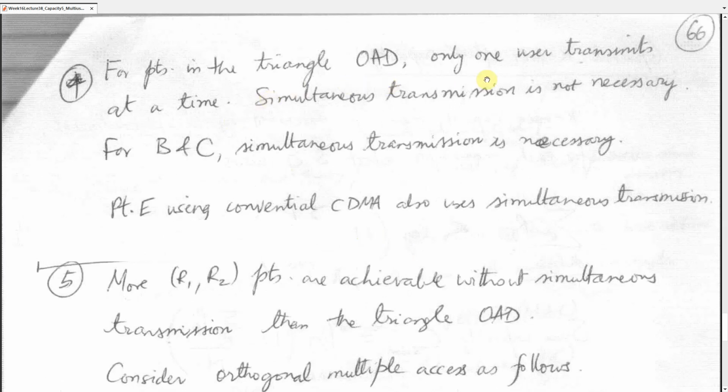For the points in the triangle OAD, only one user transmits at a time. So there is a time sharing. Simultaneous transmission is not necessary. So for B and C, simultaneous transmission is necessary. So point E using conventional CDMA also uses simultaneous transmission.